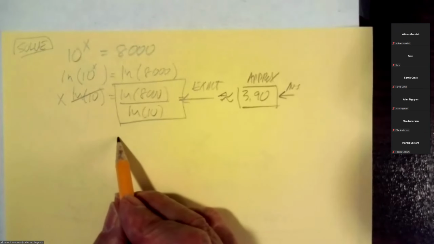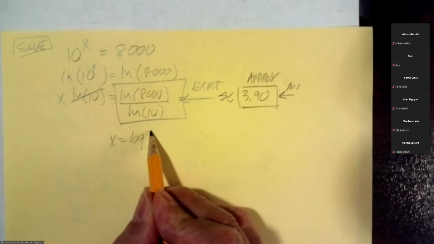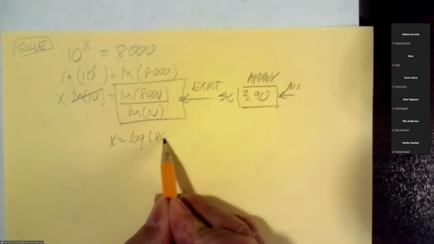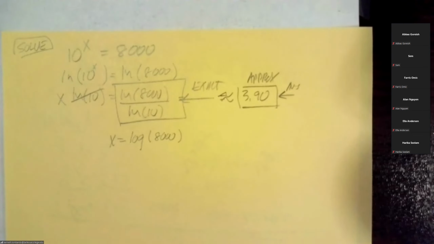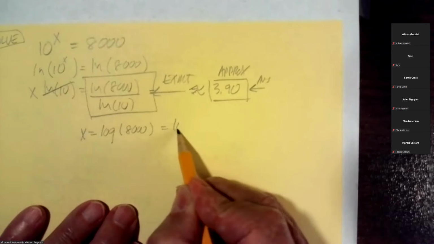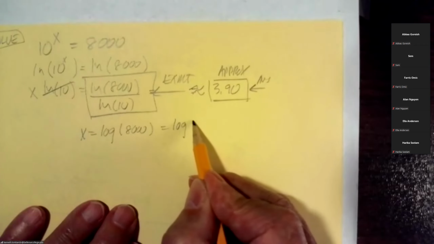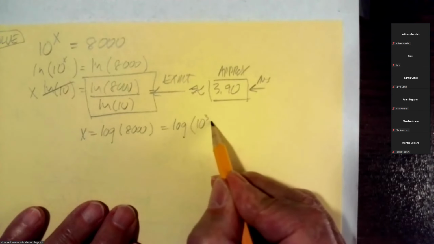Okay, so you said x equals the log of 8,000. I used the product rule, so I did x equals log of 10 raised to the third power times 8, which equals log of 10 to the third power plus log of 8.